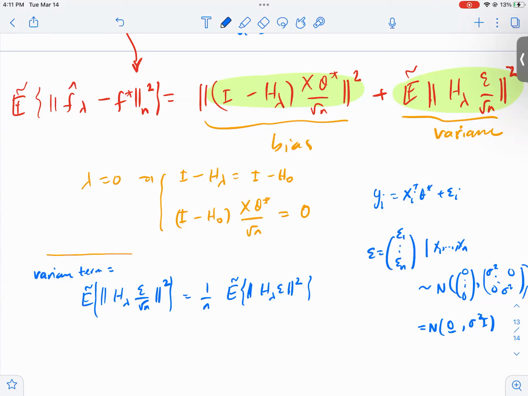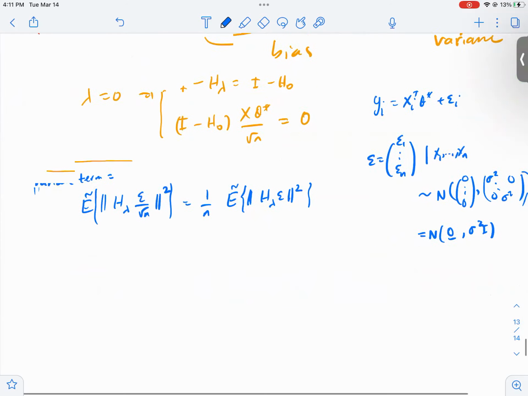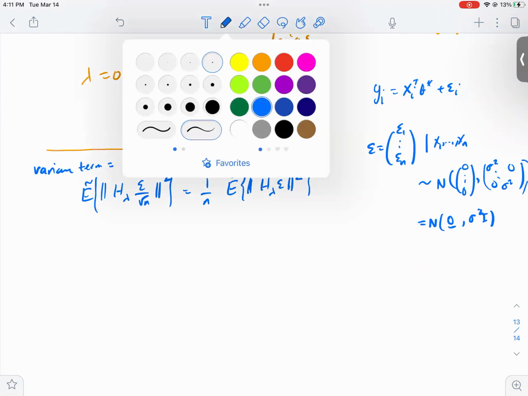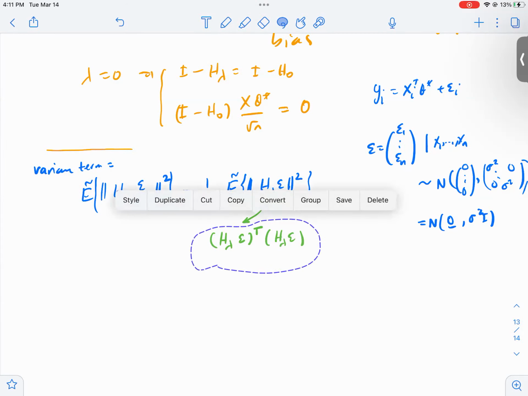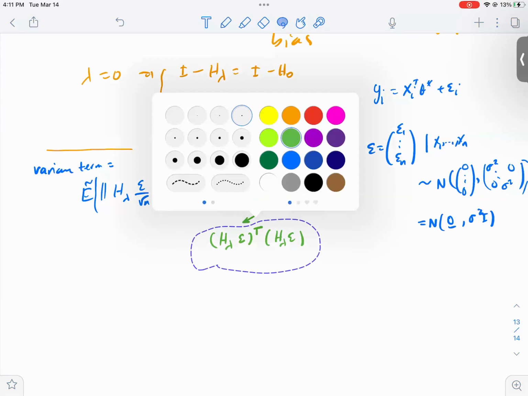So how do we deal with this? Has anyone seen something like this? Okay, I'm going to do it, but I don't want to spend too much time on it. There's a trick here. We write this as H lambda epsilon transpose times H lambda epsilon. So the norm squared can be written like this.